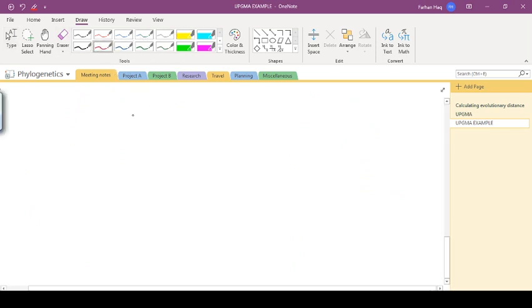For example, the neighbor joining method considers all the species or sequences to be equally related.